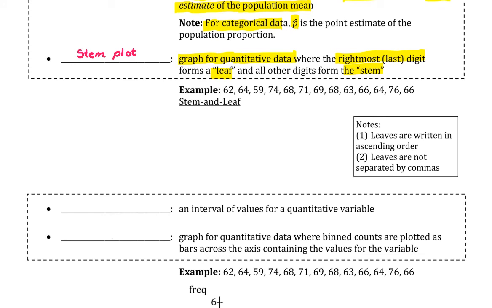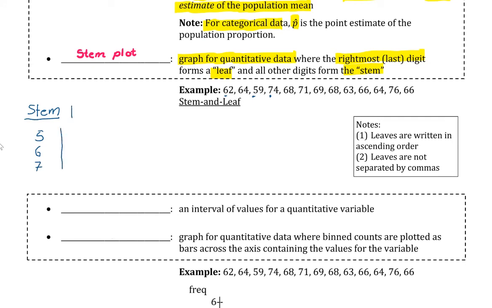To create a stem and leaf plot, we would start by looking over our data and noticing what the leftmost digit is. The leftmost digits form the stem. So the stems that we are going to have, and we always want to write these in order without skipping any values, would be 5, 6, and 7.